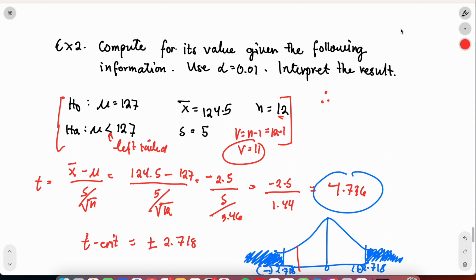Therefore, the null hypothesis is not rejected.